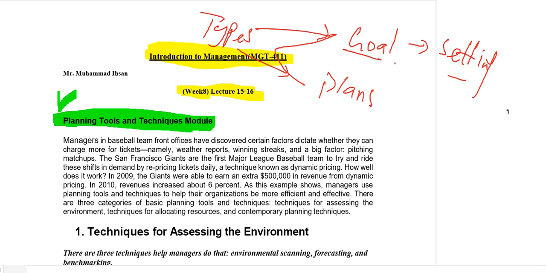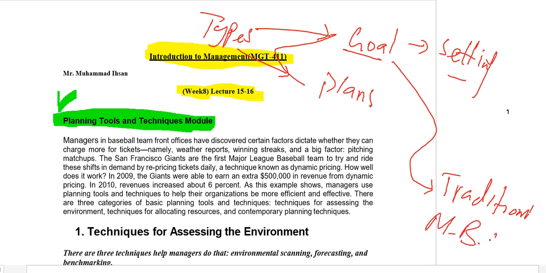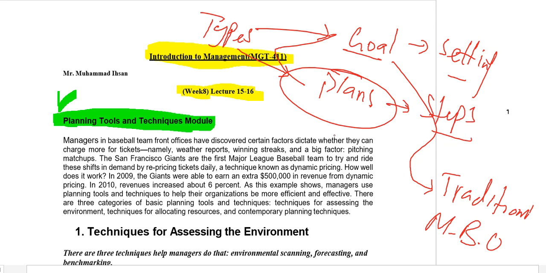We studied traditional goal setting and management by objective. We also studied the steps of planning process, and we also studied strategic planning. So these were all the topics we have already covered in previous weeks.